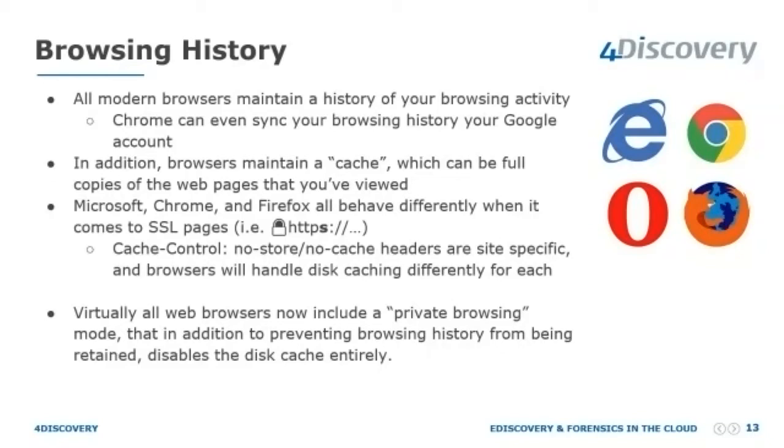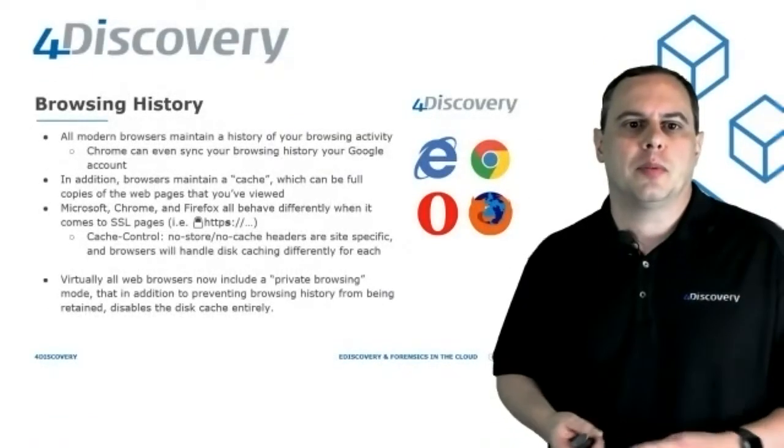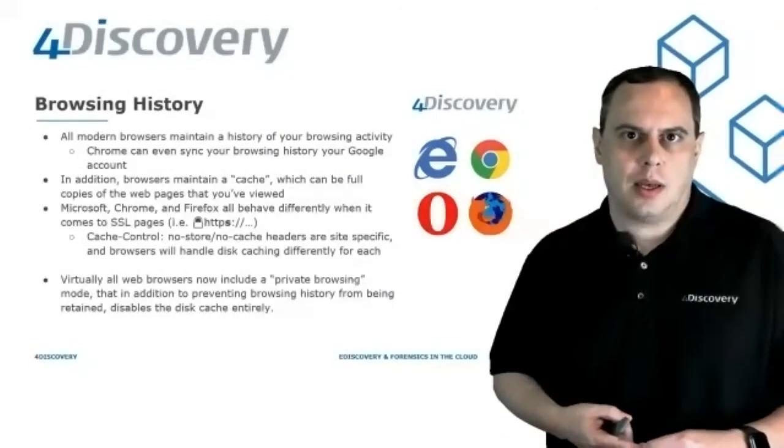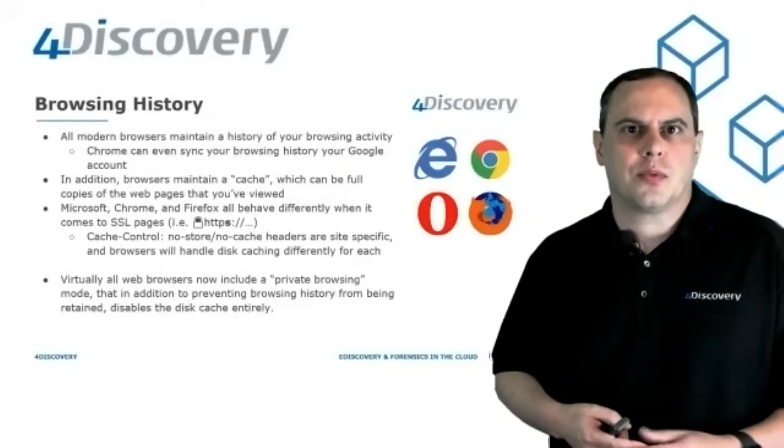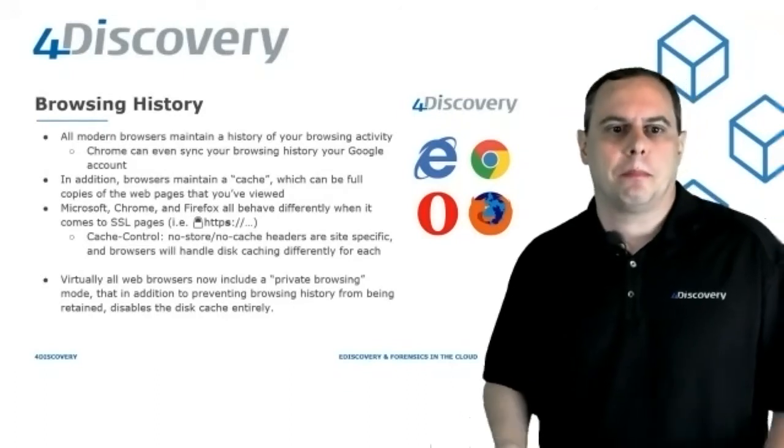So if I don't have access to your computer, but I do have access to a Google account and you were using this, I can look at the browsing history across all of your different devices straight from Google. And all of this cache data can be analyzed, and you can use this to figure out whether or not people have been accessing cloud storage accounts, viewing documents from them, or potentially uploading documents to them.